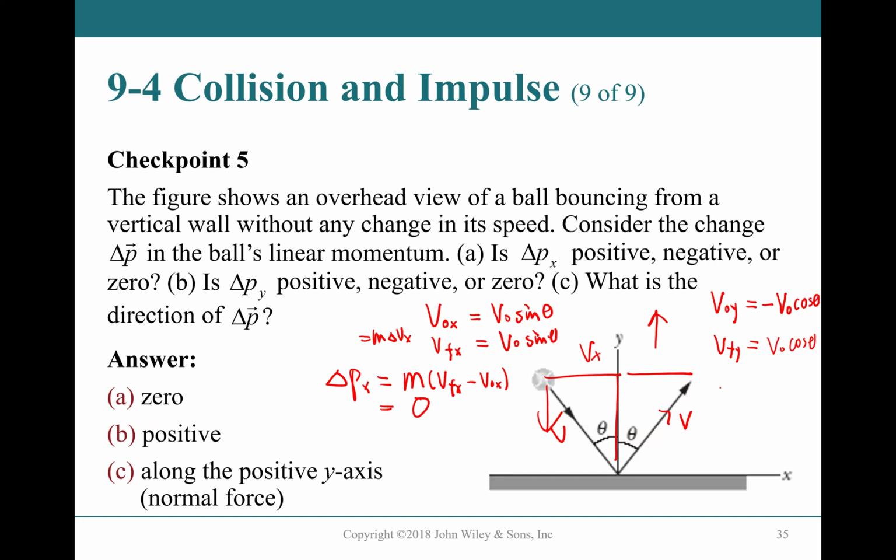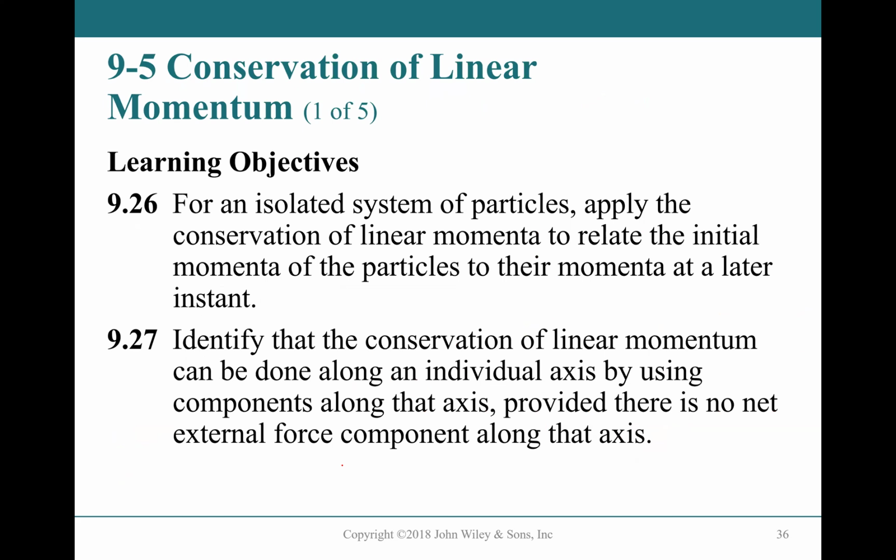Then your delta Vy will be equal to 2 V0 cosine theta. Use this minus this, and then you multiply by the mass, so you get 2m V0 cosine theta. So it's positive and it's along the positive y-axis. Okay, so that is that.